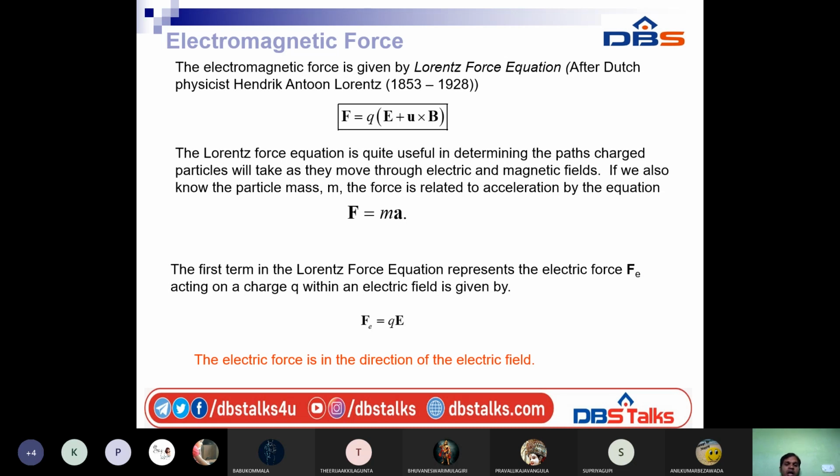According to Lorentz, the force F is equal to Q of E plus U cross B, where E is the electric field intensity, U is the velocity, and B is the magnetic flux density. If you require only the electric force, then F equal to Q into E. F suffix E means force by the electric field.